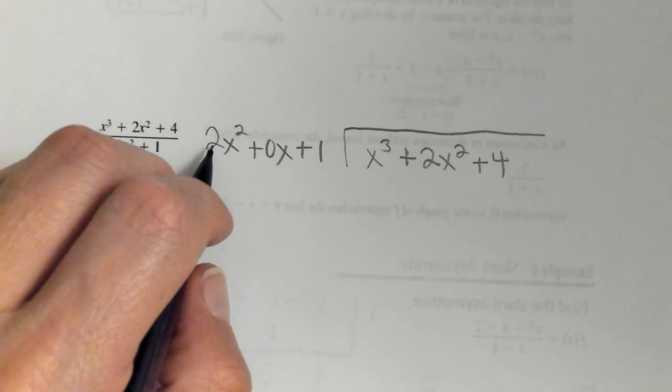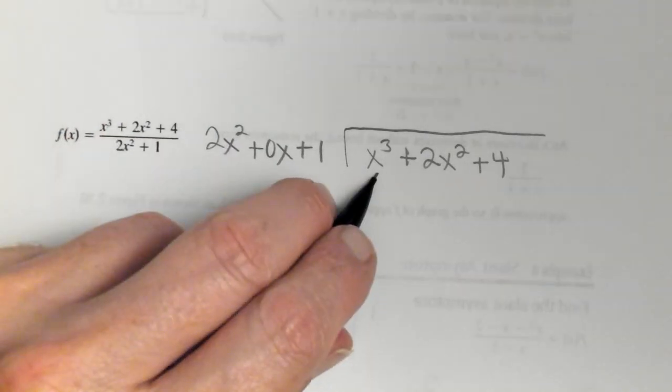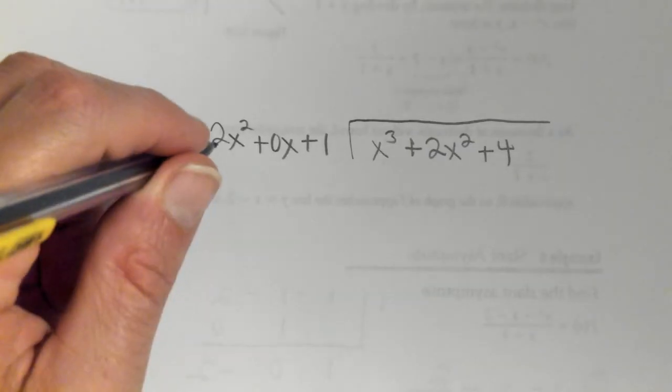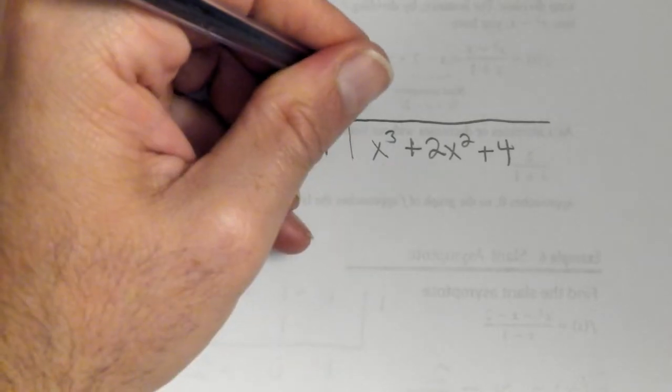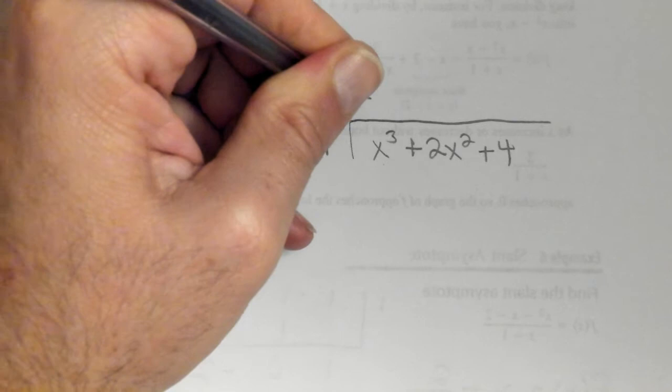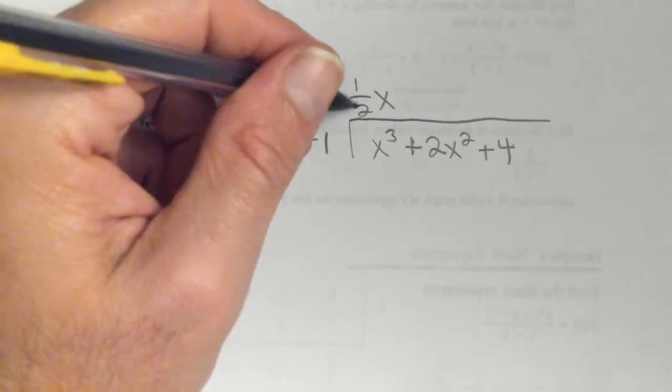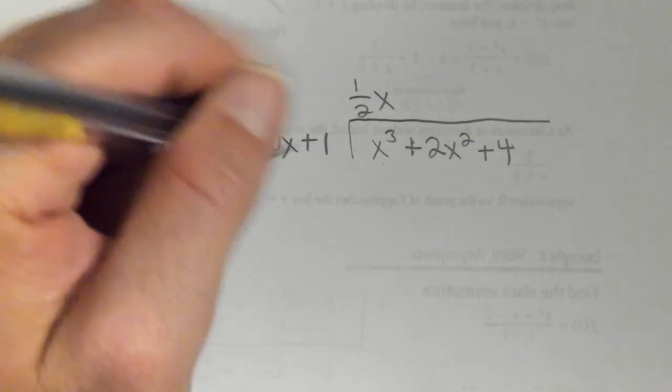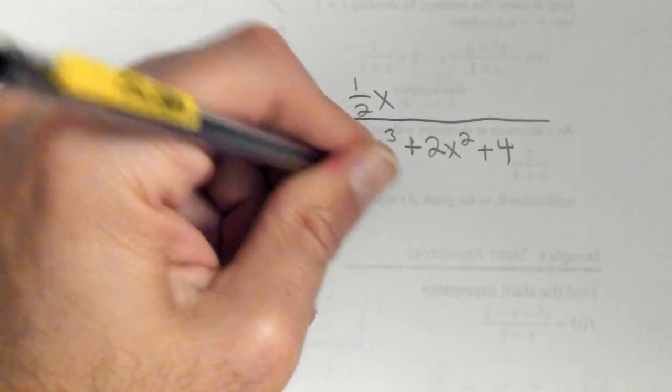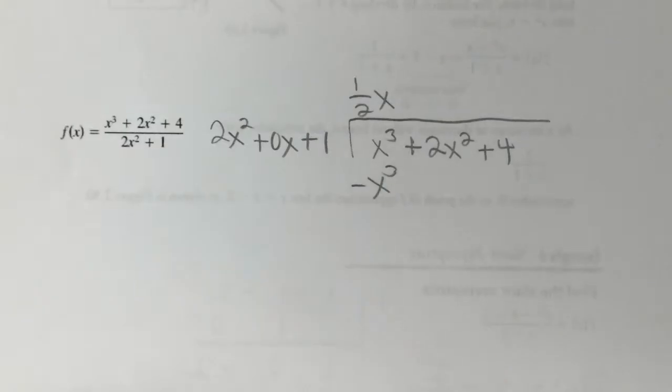Well, the only way I'm going to turn 2x squared into x to the third is I've got to turn this 2 into a 1, and I've got to turn this squared into a third power. Only way I can accomplish both of those is to multiply by 1/2 x. And when I do, look what happens. That's going to be x to the third, minus when it drops in, by the way, but that's what we want anyways.